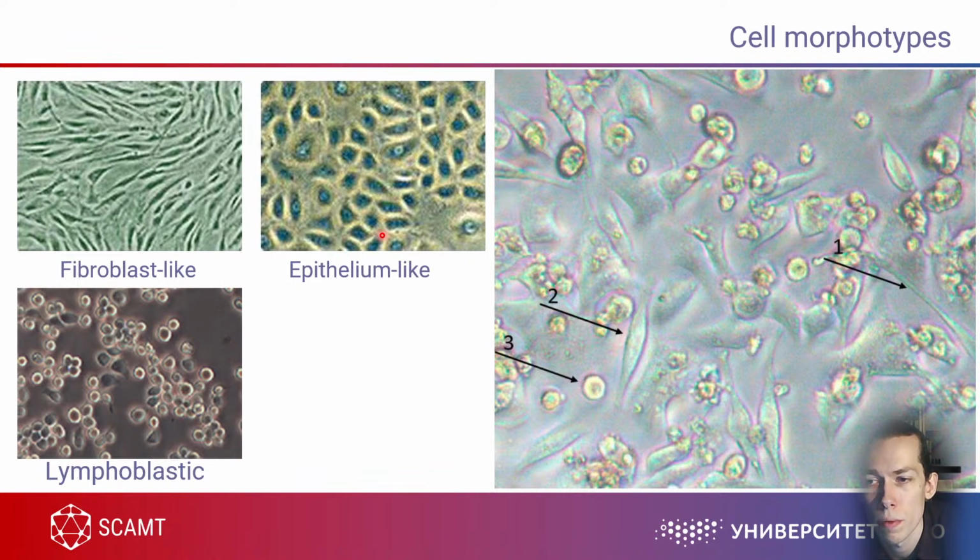Confluence is a term which means how much space is occupied by cells. So for example, here you see some voids, some free spaces. So cells occupy not everything, and for example, the confluence of this sample is maybe 80%.